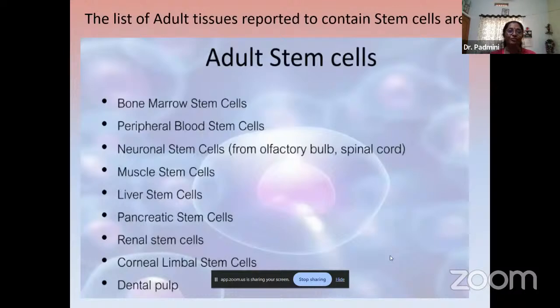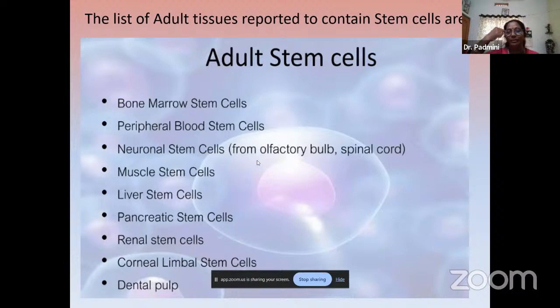So, what are the list of adult tissue reported to contain the stem cells? When you're talking about adult stem cells, you're going to talk about the bone marrow, the peripheral blood stem cells, the neuronal stem cells, that is from the olfactory bulb and the spinal cord. Olfactory is from the nose, you can take out some cells, so you can grow the neural stem cells. Then you're going to talk about the muscle stem cells, the liver stem cells, pancreatic, renal, corneal, limbal stem cells.